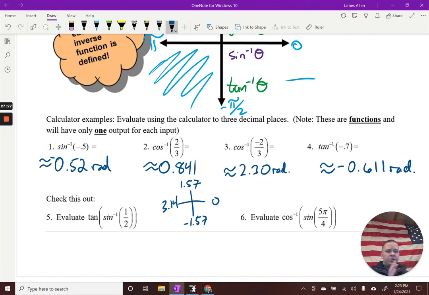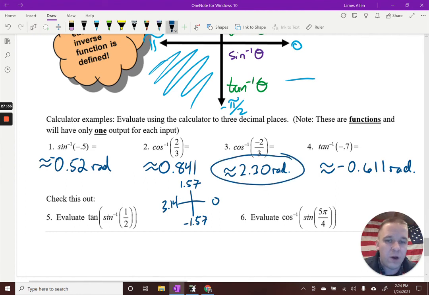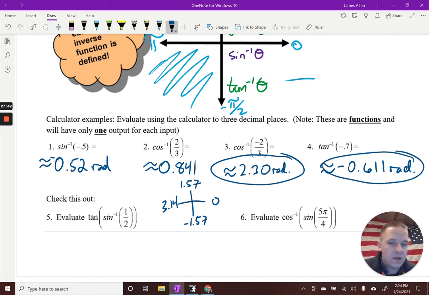That will make a little more sense. You can clearly see that this one here is between 1.57 and 3.14. It's in the second quadrant, as I had said. This is clearly in the fourth quadrant, because we went negative. We didn't go past the negative 1.57. It landed in that fourth quadrant there.